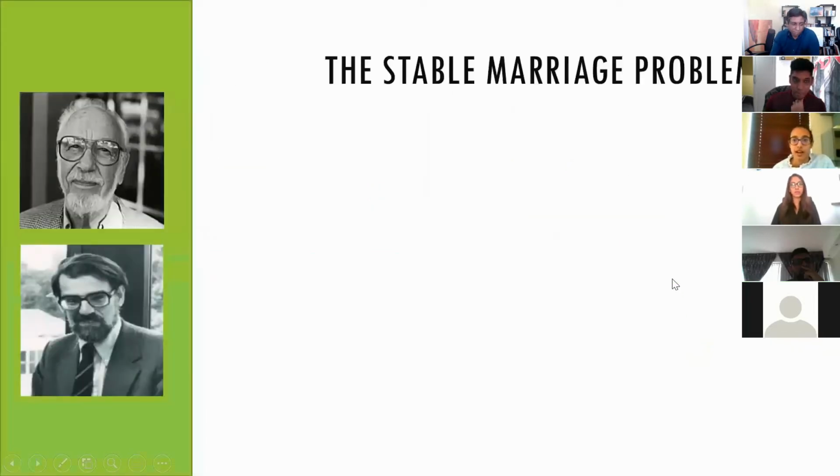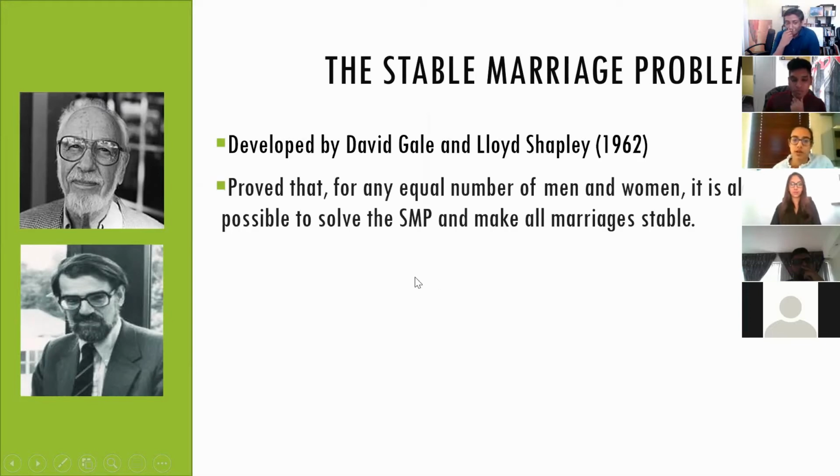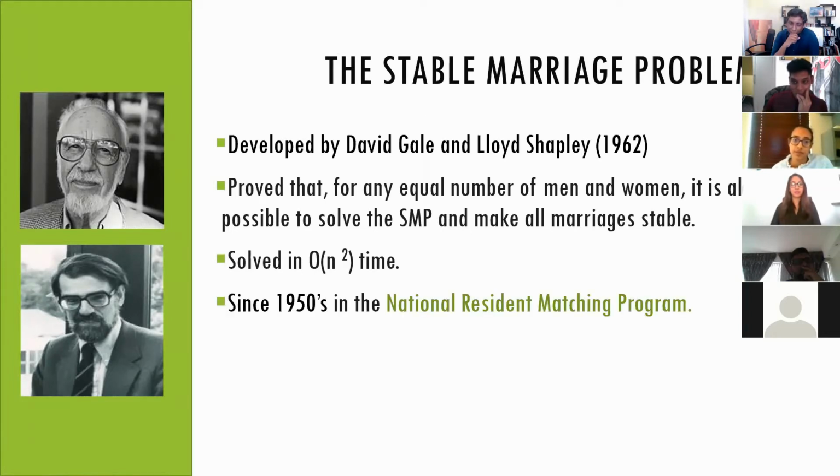Some background: the stable marriage problem was developed by David Gale and Lloyd Shapley in 1962. Quite a long time ago, and they proved that for any equal number of men and women, it's always possible to solve the stable marriage problem and make all marriages stable. I'll describe what that means just now. And it's always solved in O(n squared) time.